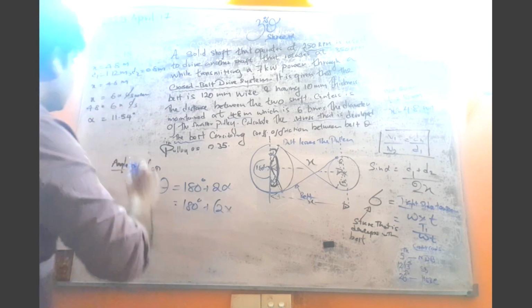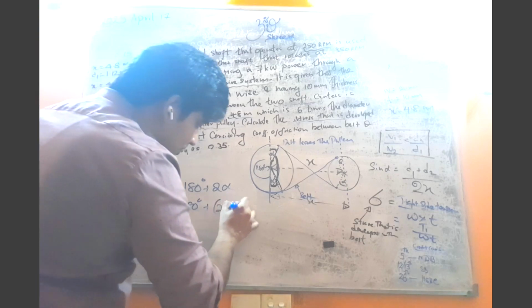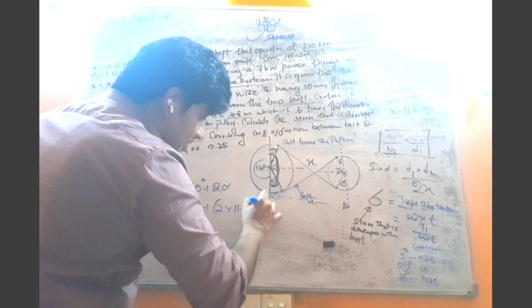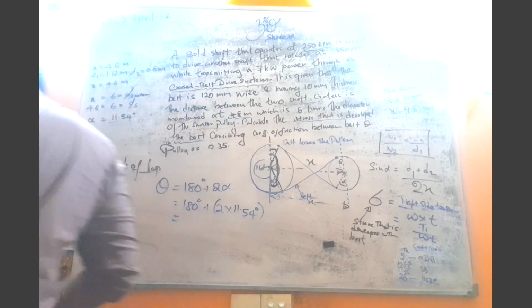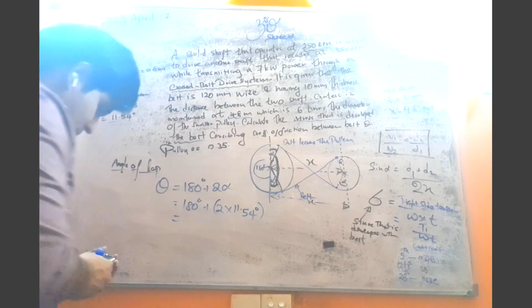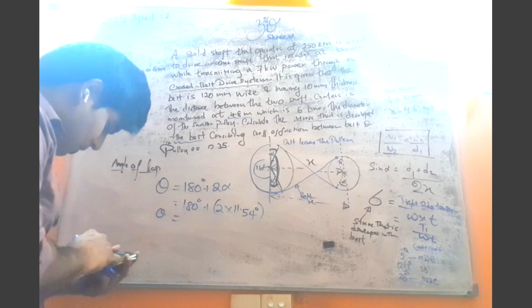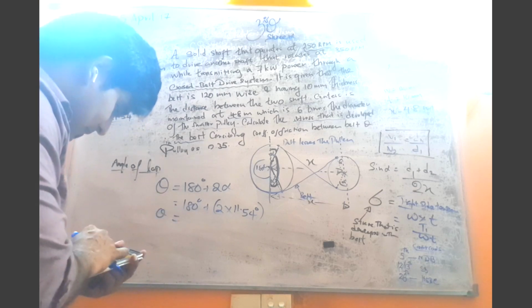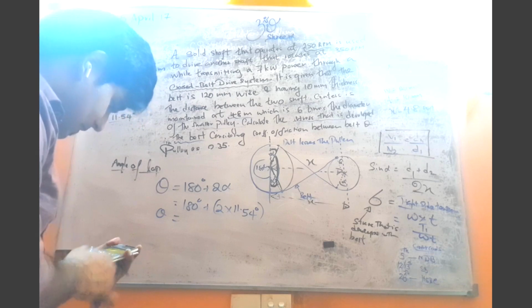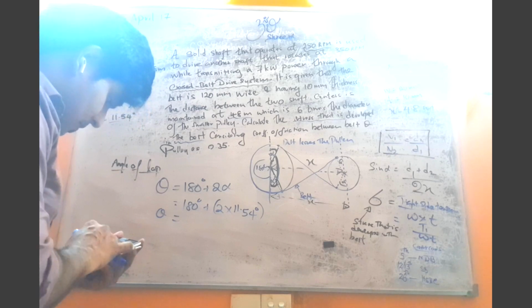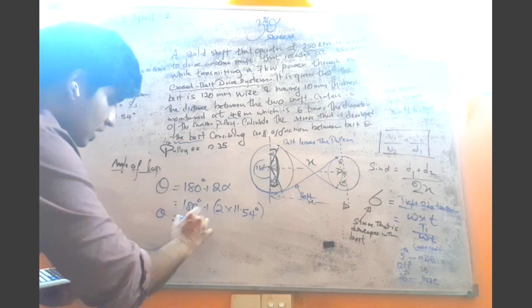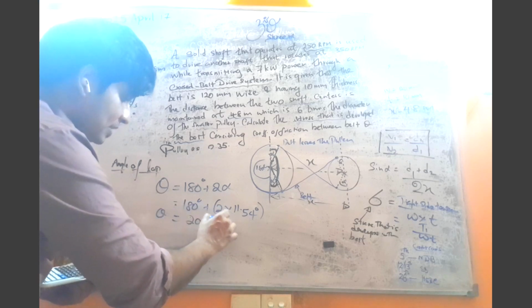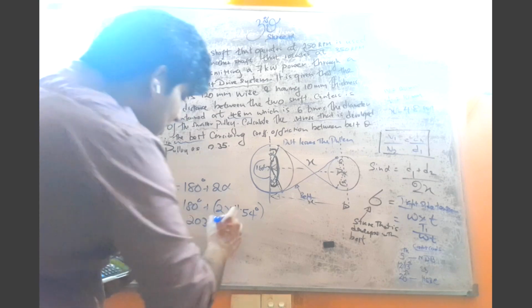What is alpha? We have already calculated that, it is 11.54 degrees. So what is theta now? 180 plus twice 11.54, that is 203.08. But be very careful, this is in degrees.